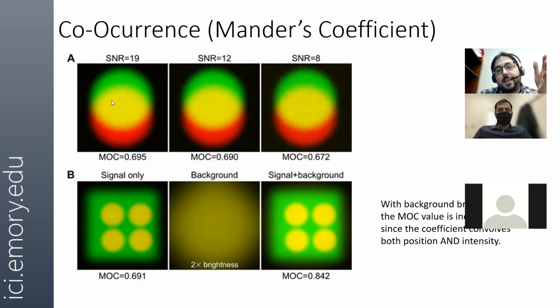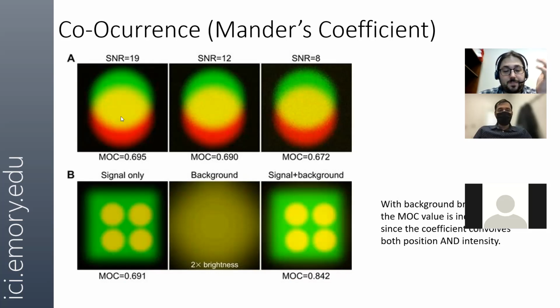We can see that even as the SNR gets lower, so we have more noise to signal, it remains very close to itself for these different signal-to-noise ratios. We can see here at the top that to be the case. So we have noisier data at SNR equals 8, but the MOC remains close to what it was with a higher SNR.